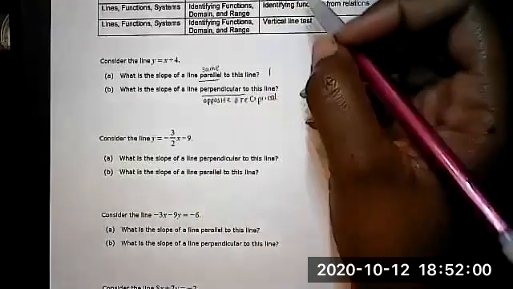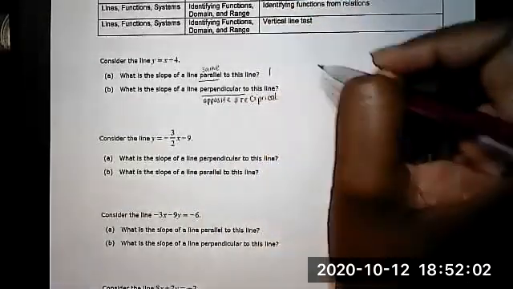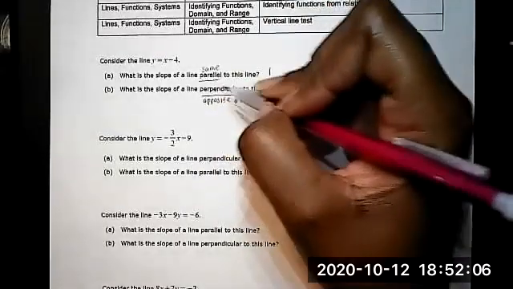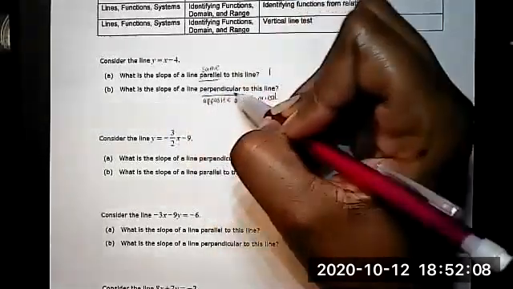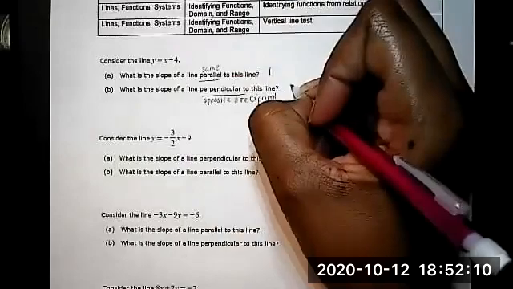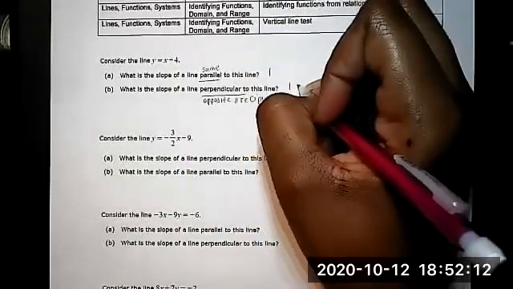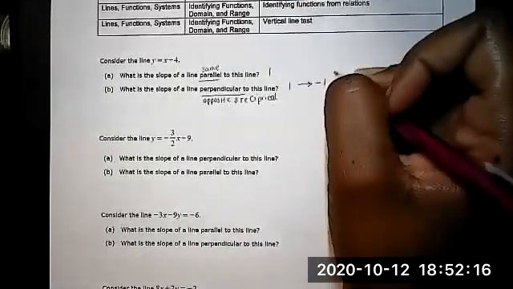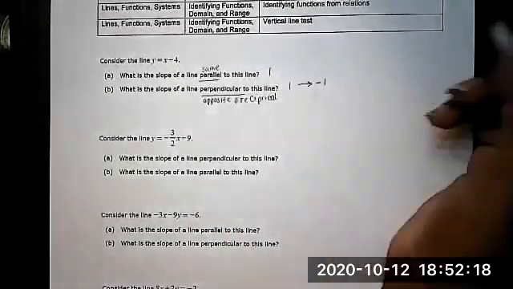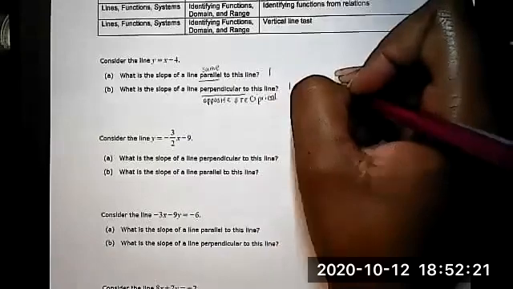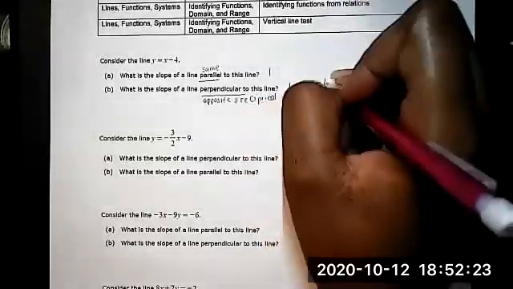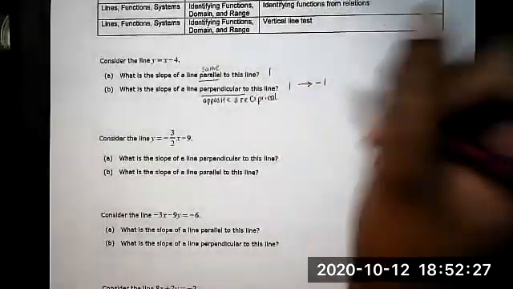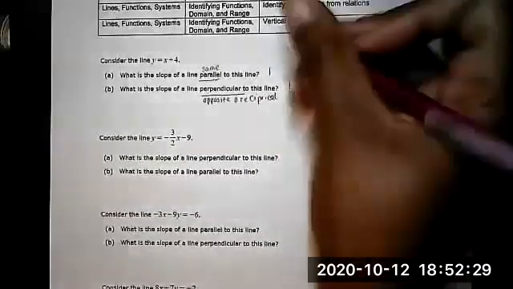So if it's 1, the opposite is what? -1. And the reciprocal is basically 1 over -1, which is -1. For 1, the reciprocal and the opposite are the same. So -1 is the answer here.